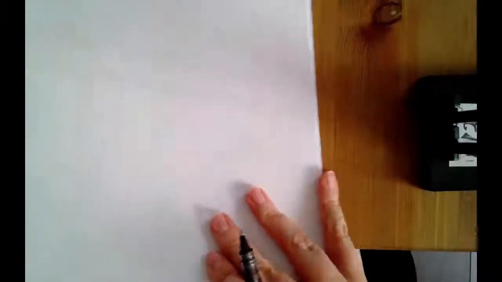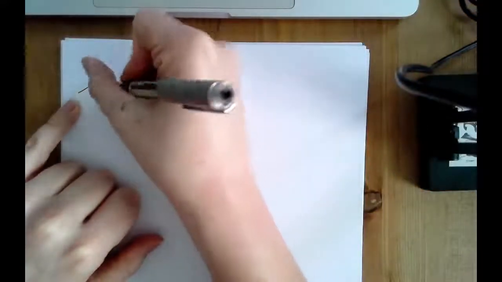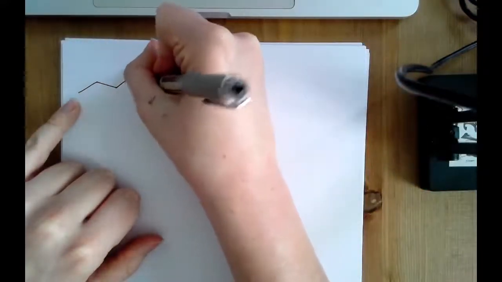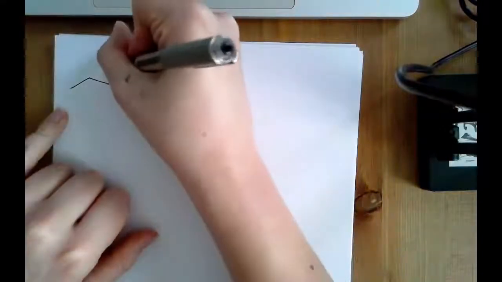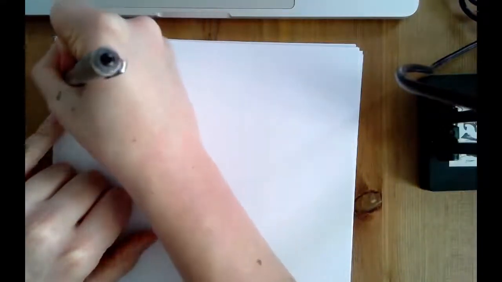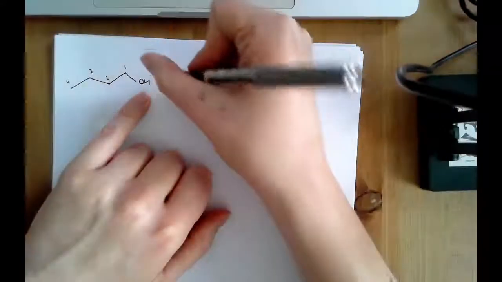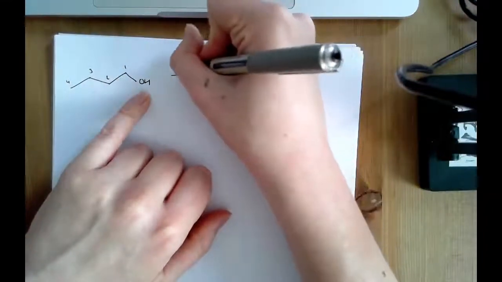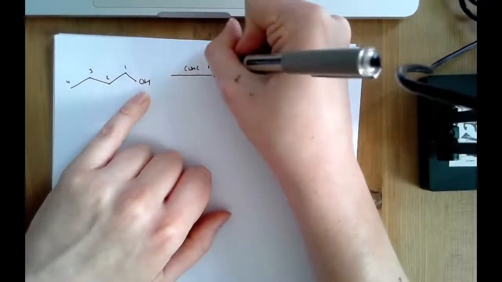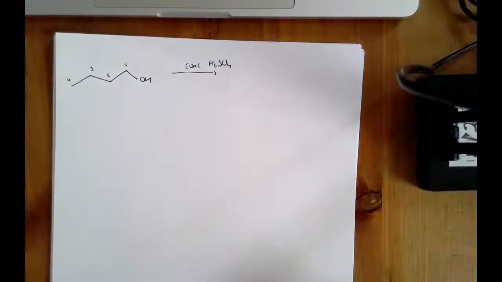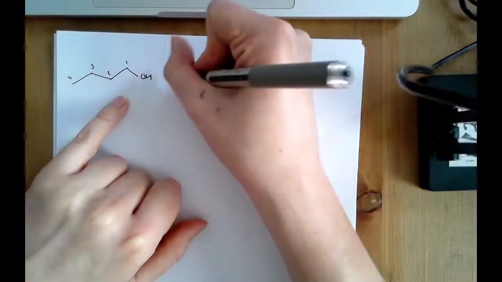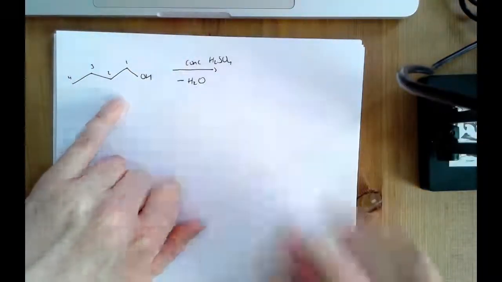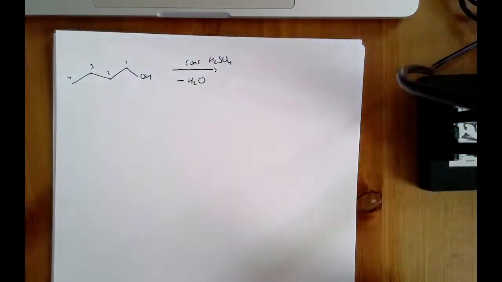Last reaction is going to be the dehydration of alcohols, and it does what it says. There's an alcohol. I've got my alcohol, 1, 2, 3, 4 carbons, and I've got my alcohol group, and I'm going to dehydrate this using concentrated acid. If I'm dehydrating something, I am removing H2O.